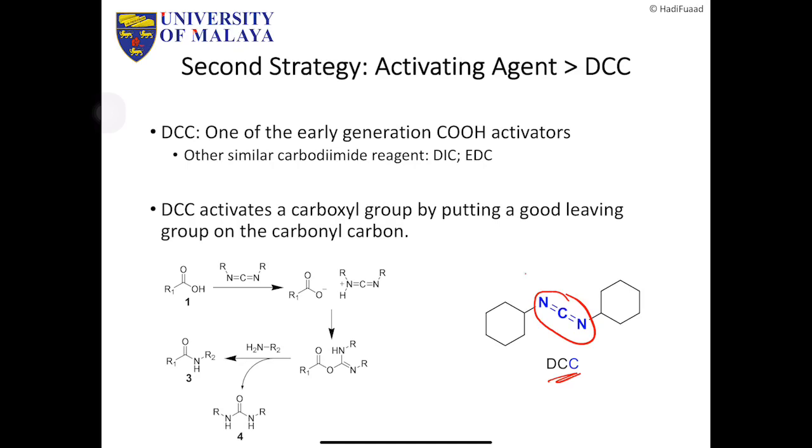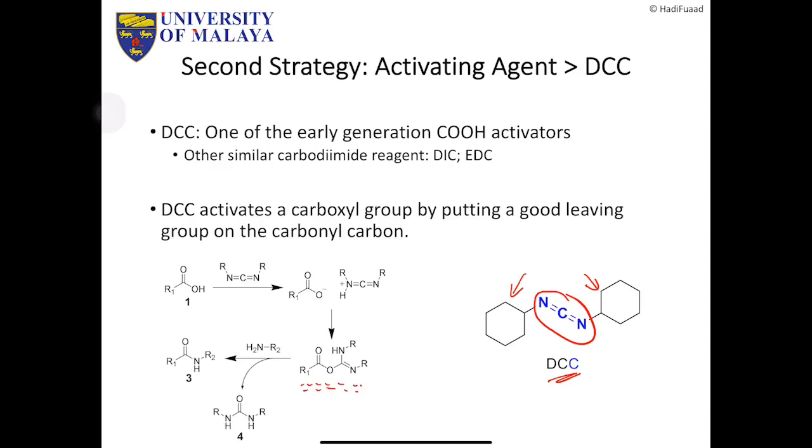DIC has different groups, I would say. Similarly, EDC has different groups altogether. So what happened here? When you mix an amino acid with DCC or any carbodiimide, you form this intermediary activated species.